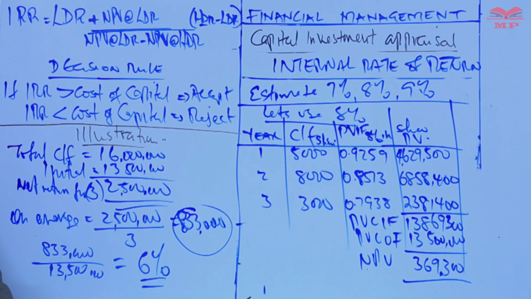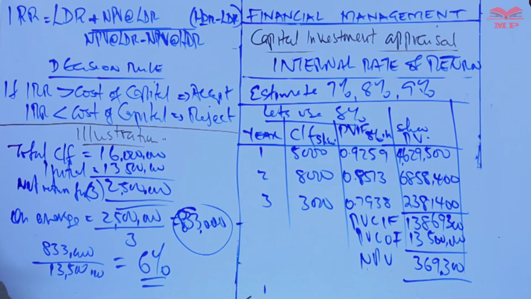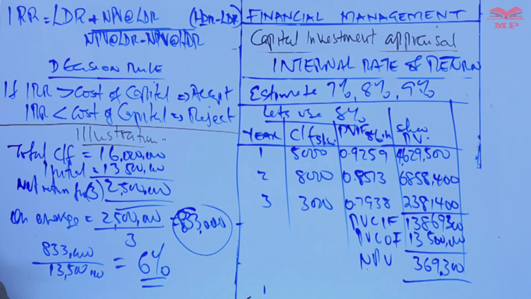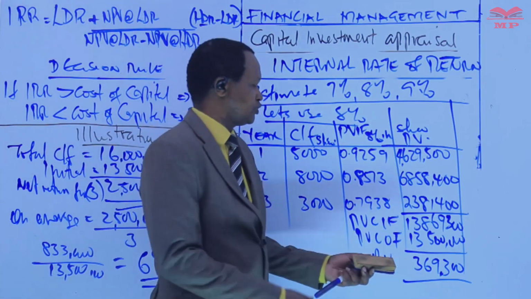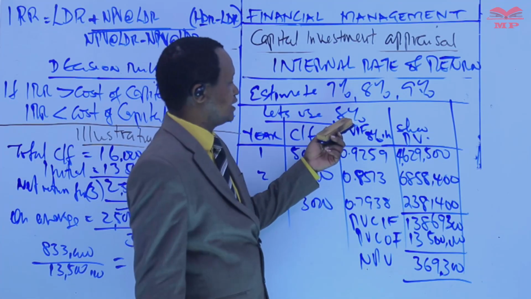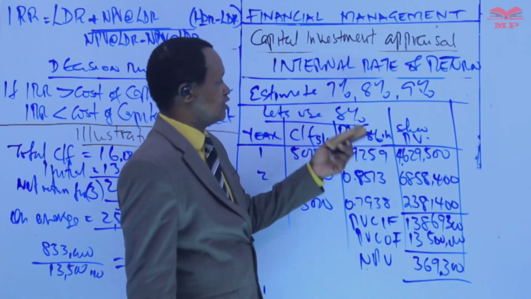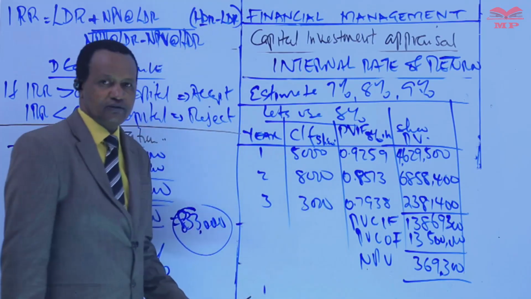Then we need to try another cost of capital or discounting rate, which will give us a negative NPV. So the question is, are we going to use a rate higher than 8% or lower than 8%?